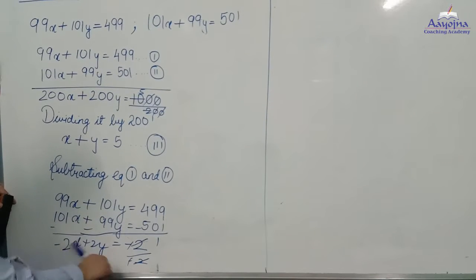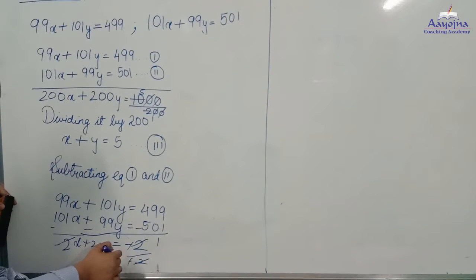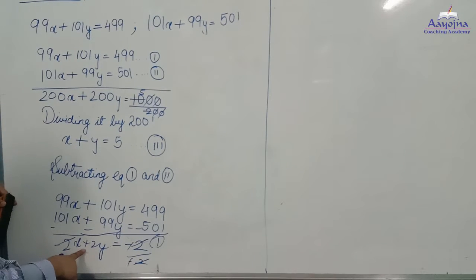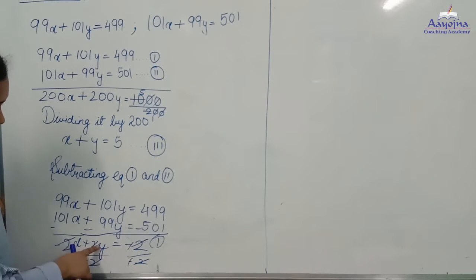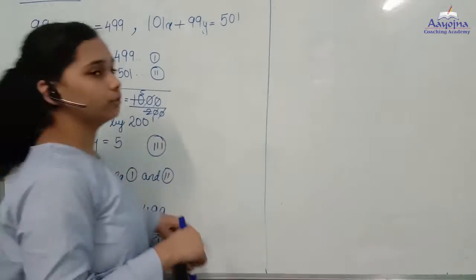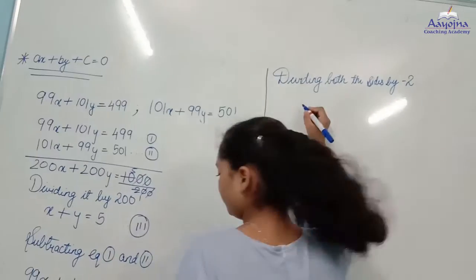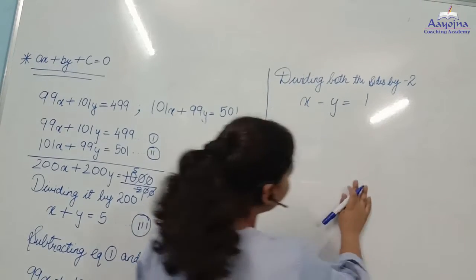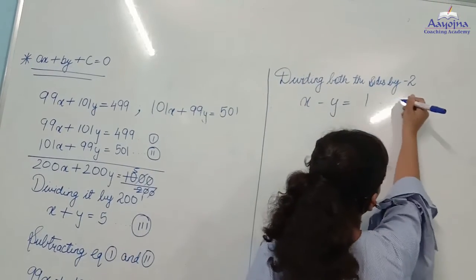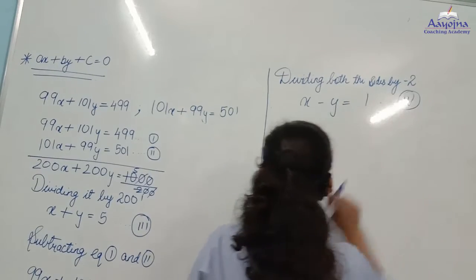If we divide by minus 2, this minus 2 gets cancelled, this gets cancelled, and we get the answer 1. Here we will get a different sign, because if we divide by minus 2, the 2 gets cancelled, but y still remains. Plus minus is always minus, so it becomes minus. So it becomes x minus y is equal to 1. This becomes our fourth equation, and so we'll give it the number 4.